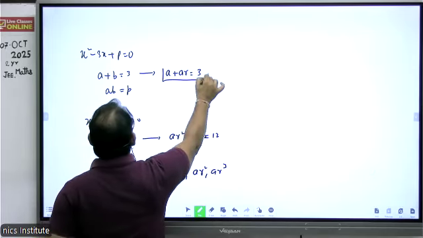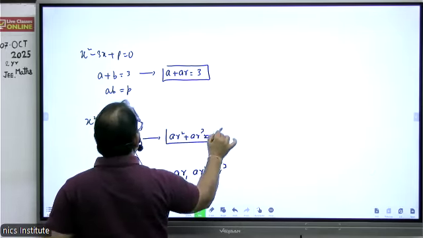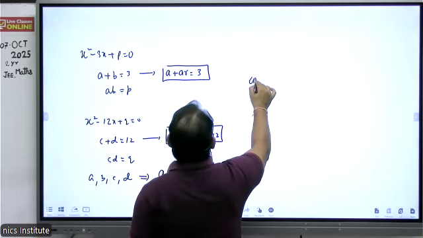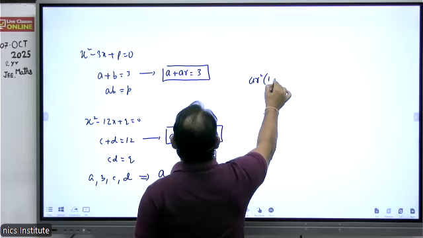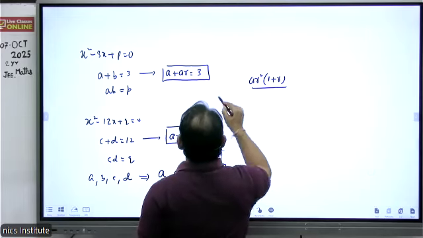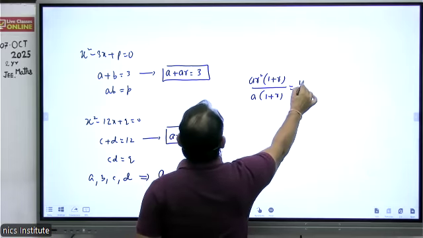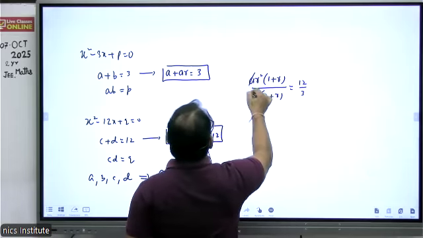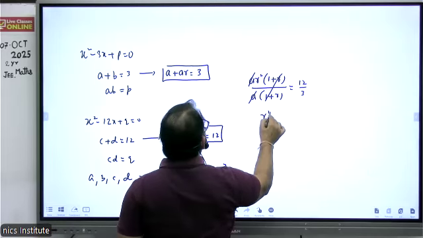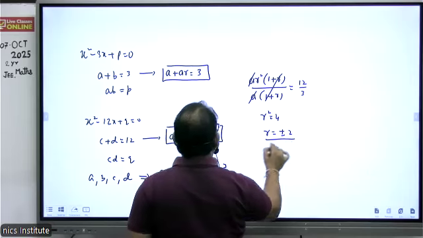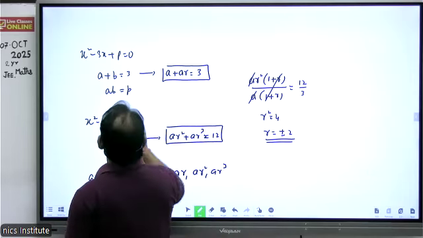Then you can divide these two and you get the value of r. ar square common, a common, is 12 by 3. r square is 4. r could be plus minus 2.